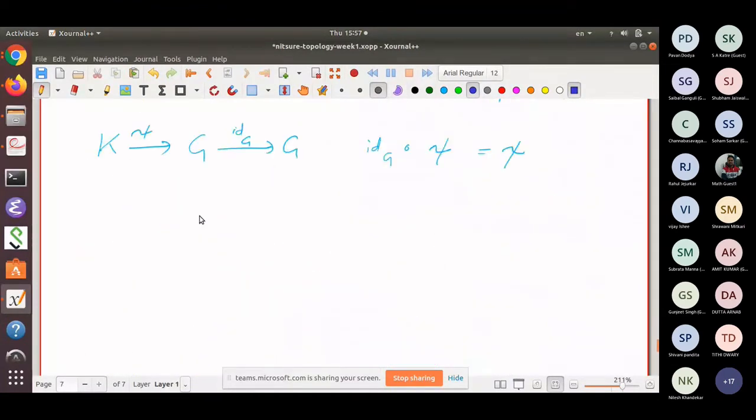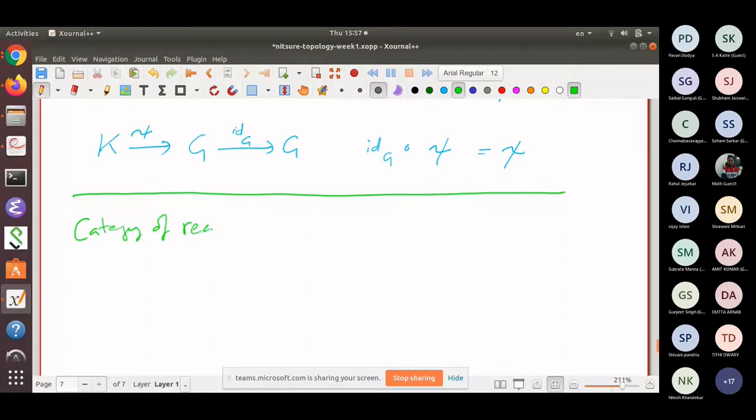Now I am going to introduce one more category in one more color. So here's my new color and here's my new category. My category of real vector spaces. Okay.